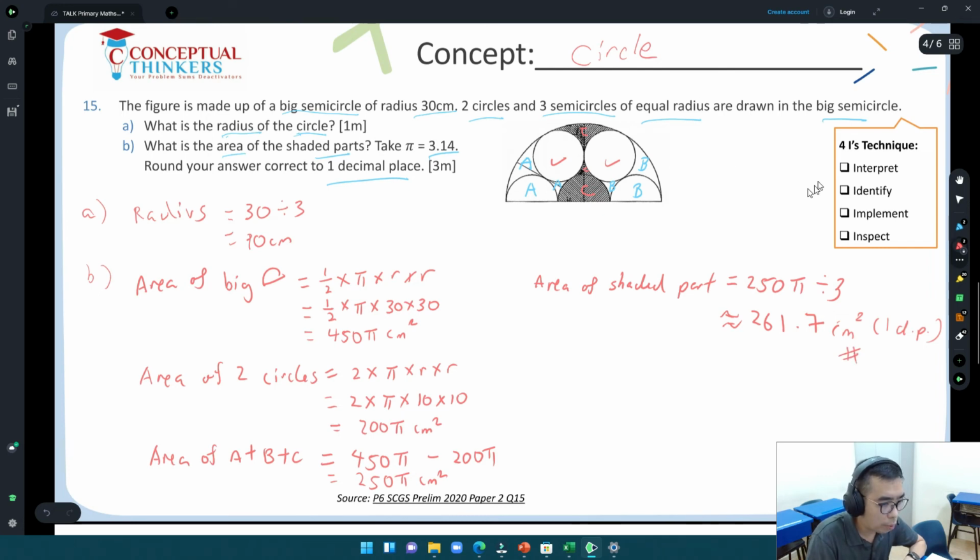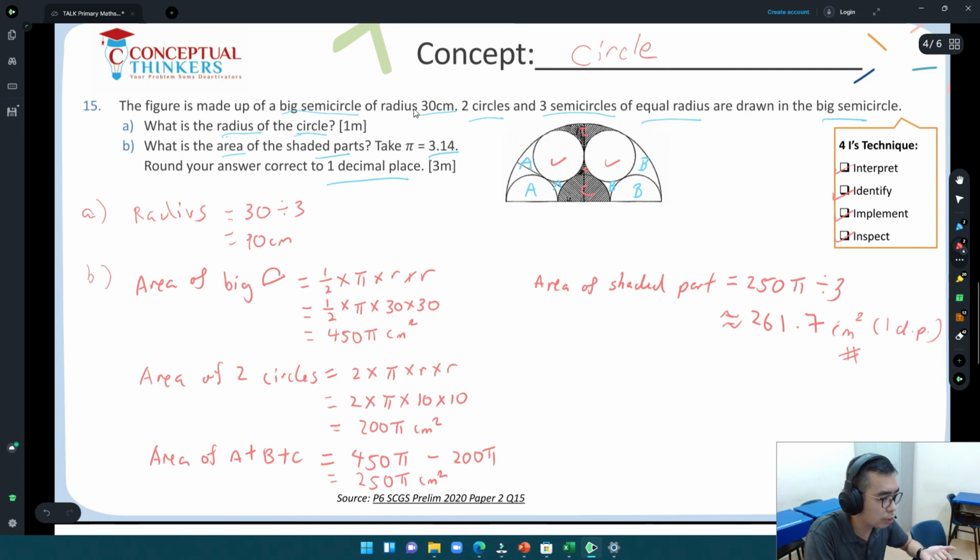What we did was interpret the question, then identify the concept as circle. These are the methodology we implement after we identify the concept and understand the diagram. The last thing we need to do is to inspect. In this case, we can ensure that we didn't make any transfer error.